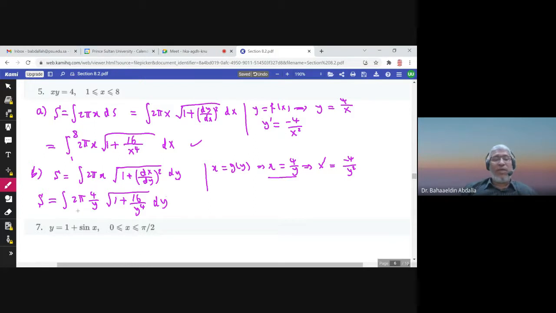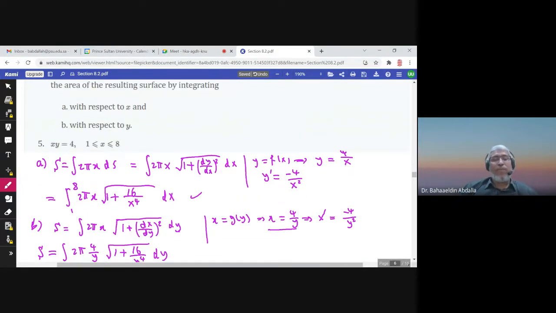And the only missing thing now is to write the limits of the integral. Well, here I can solve the equation for y. We said it is 4 over x. So if x is 1, y is 4 over 1, which is 4.